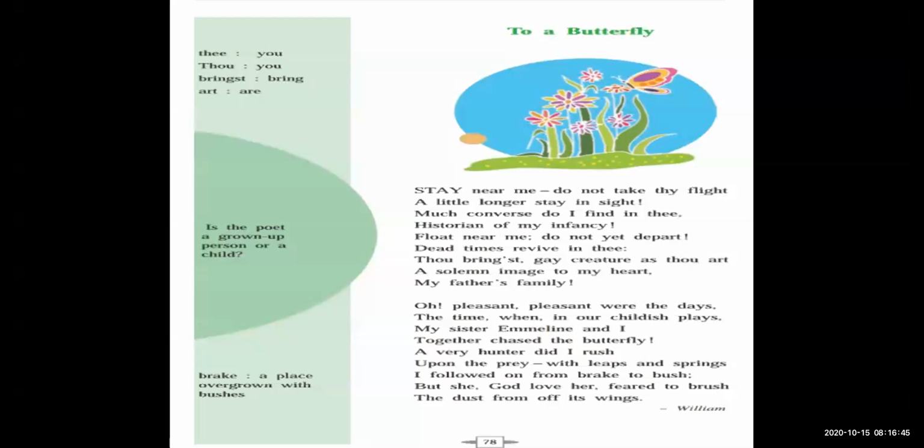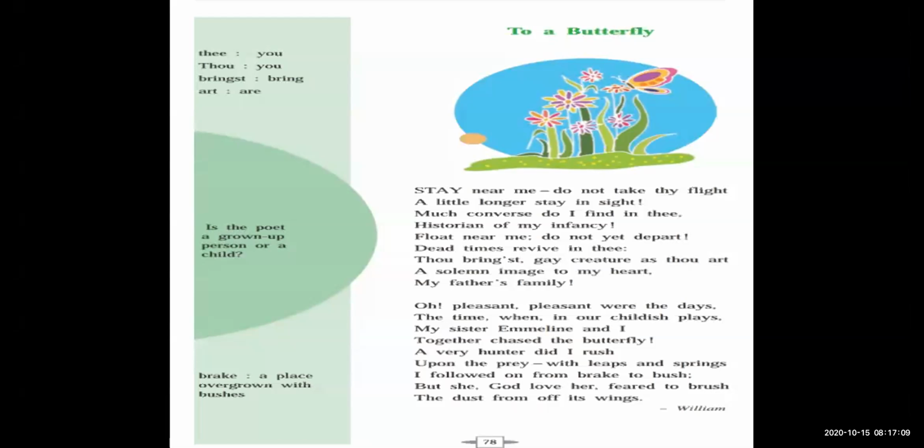Now look at this first stanza. Stay near me, do not take thy flight. A little longer, stay in sight. Much converse do I find in thee, historian of my infancy. The poet is sharing his experiences.